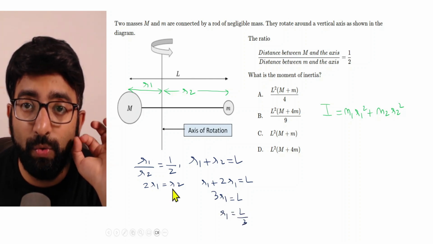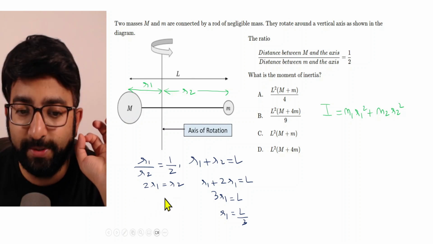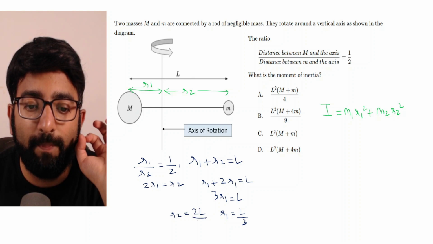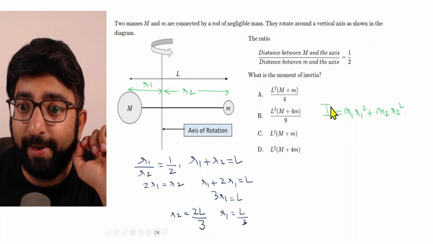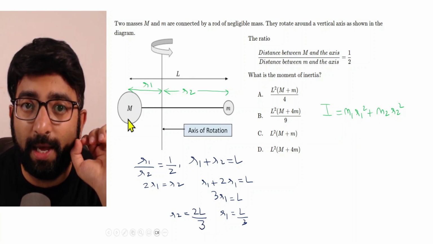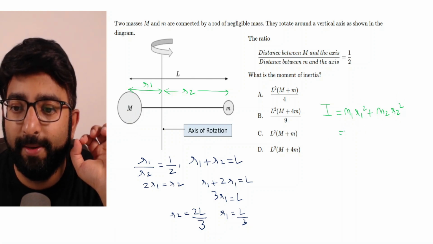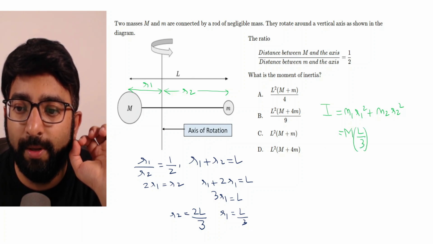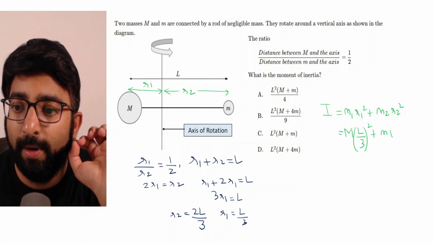And now since r2 is double r1, the value of r2 will be equal to 2L upon 3. Now let us put the values in this expression. m1 is capital M, r1 is L upon 3. So capital M multiplied by L upon 3 whole squared plus m2 is small m, and r2 we just figured out was 2L by 3, and this will be squared.